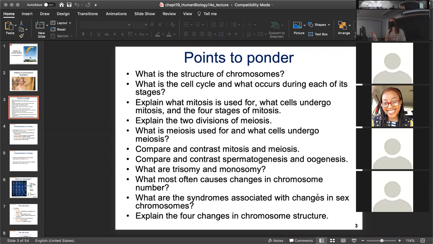We're going to talk about the cell cycle and what occurs at each of these stages. We know that most of our cells, but not all of them, regenerate. Obviously, if you get hit in the head and have a concussion, your brain cells don't regenerate, unfortunately. We have plenty of brain cells, but things like your skin cells, your liver cells, and your kidney cells are regenerating all the time.